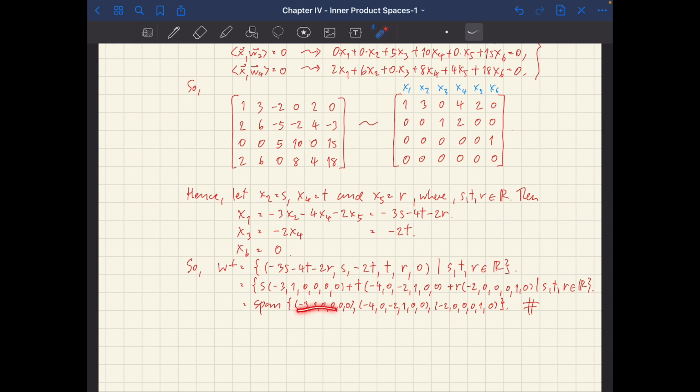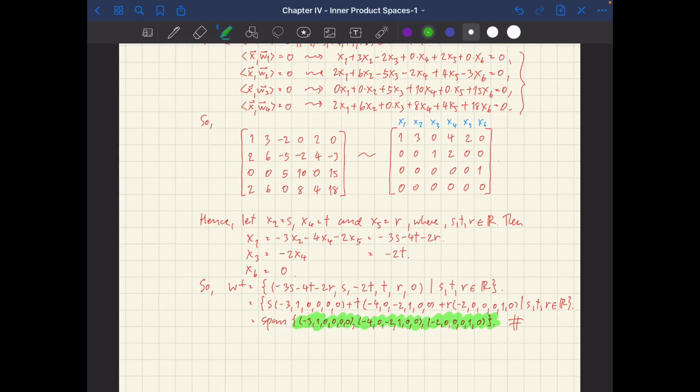That's why this set is linearly independent. So the basis for W perp is this set. So this is the solution.